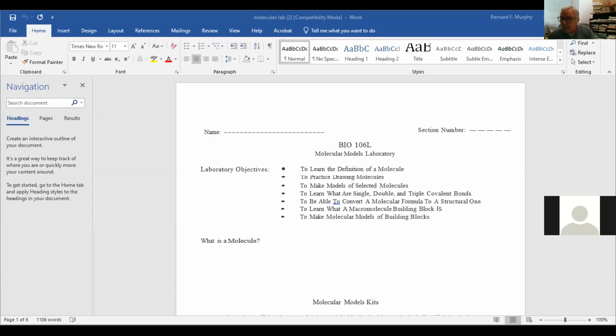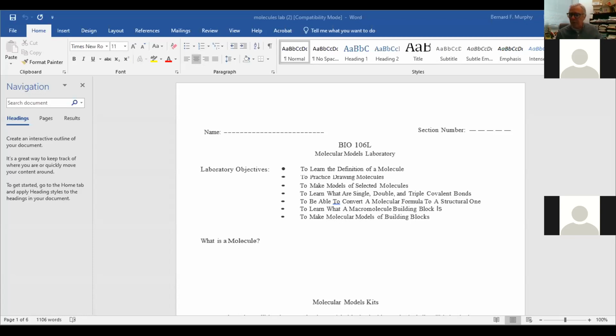I handed out these model kits, called ball and stick models. There are round pieces of plastic in there of different colors that represent different atoms. We work with only 4 atoms, the big 4: carbon, oxygen, nitrogen, and hydrogen. That's it.